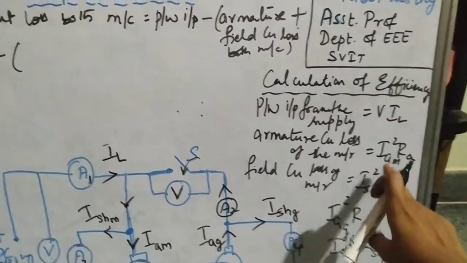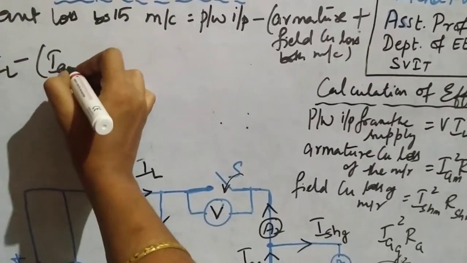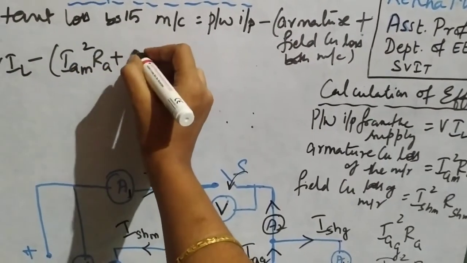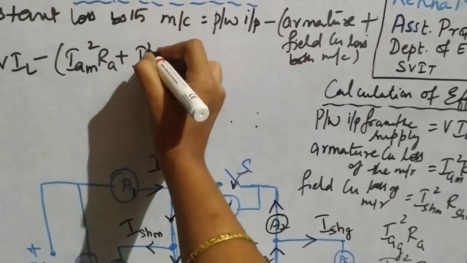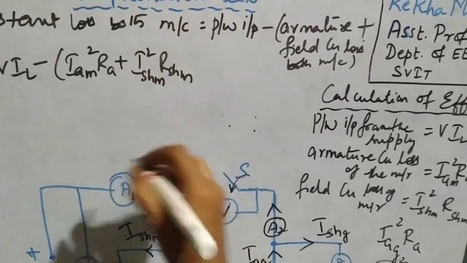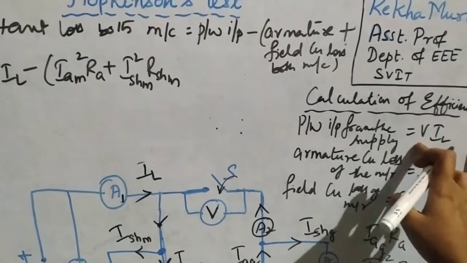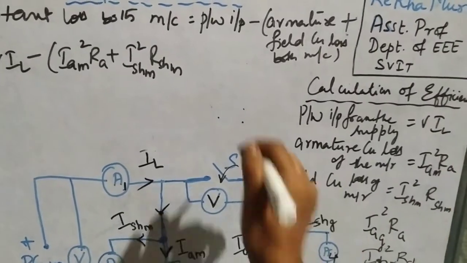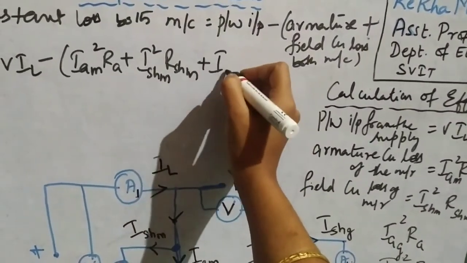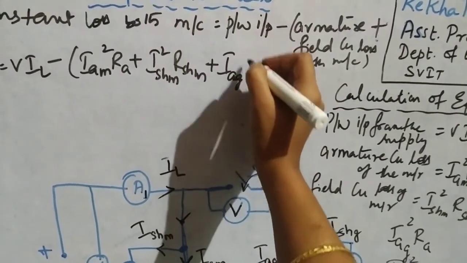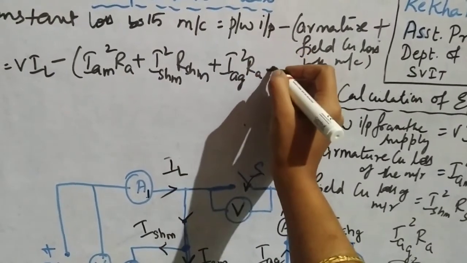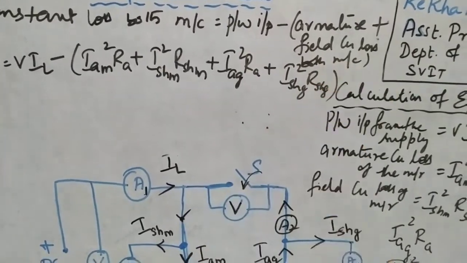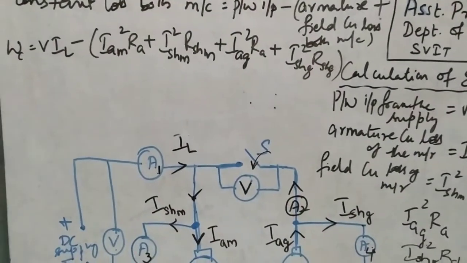So IAM square into Ra, armature copper loss, and field copper loss of the motor, I shunt M square into R shunt M. Everything you have to add up, that's it. This voltage input minus the sum of all these things. Plus similarly IAG square into Ra plus I shunt G square into R shunt G. So this is how the stray loss can be obtained.